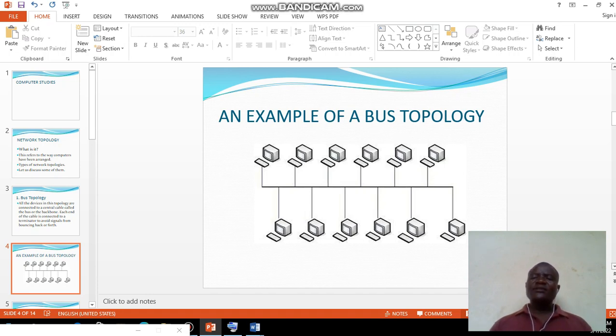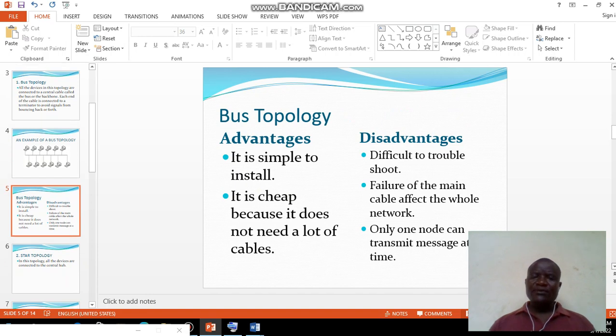Now let's talk about some advantages and disadvantages of bus topology. Advantages: it is simple to install. It is cheap because it does not need a lot of cables. Disadvantages: difficult to troubleshoot. Failure of the main cable affects the whole network.